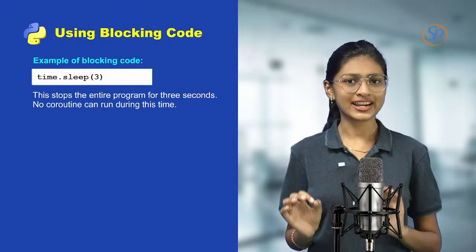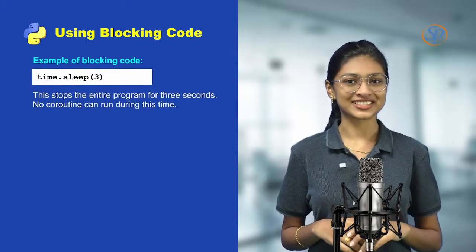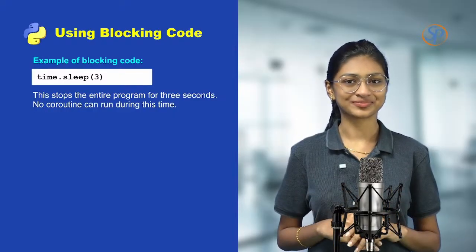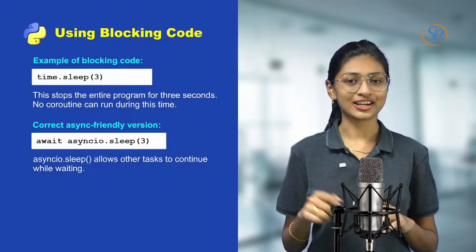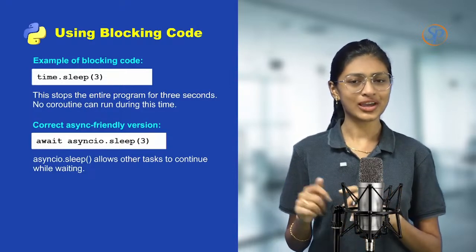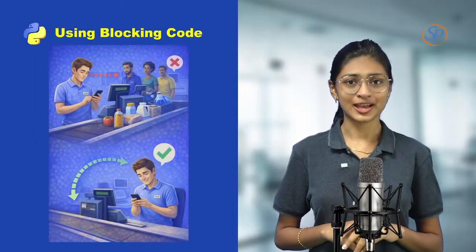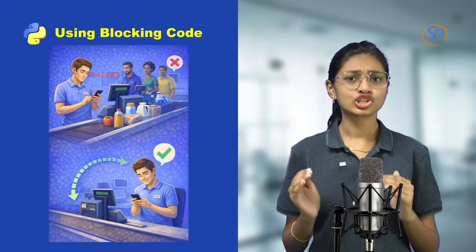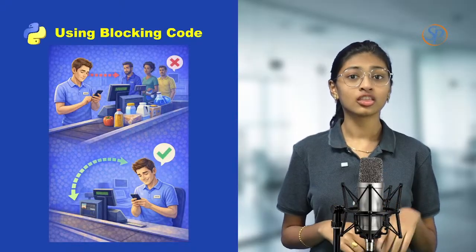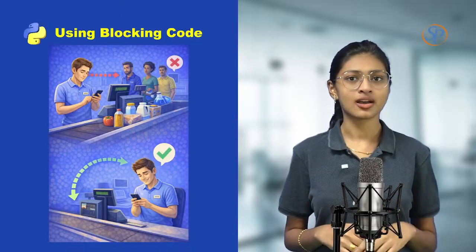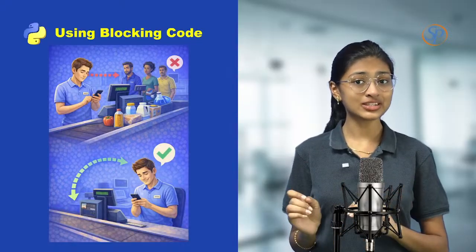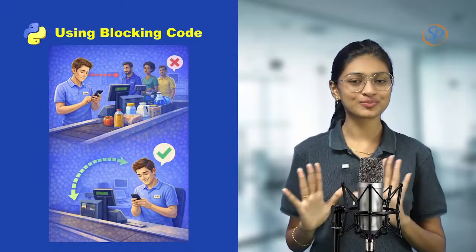This stops the entire program for 3 seconds. No coroutine can run during this time. Here is the correct async friendly version. This allows other tasks to continue while waiting. For example, if a cashier stops billing because they want to check their phone, the whole queue freezes. But if they check their phone only when the queue is empty, everything flows smoothly.